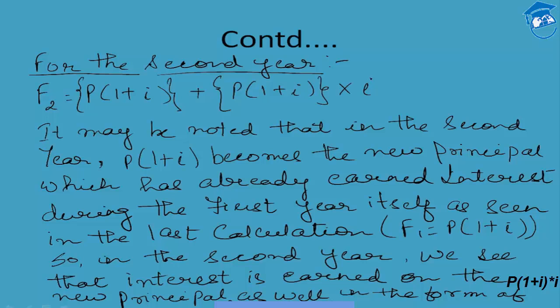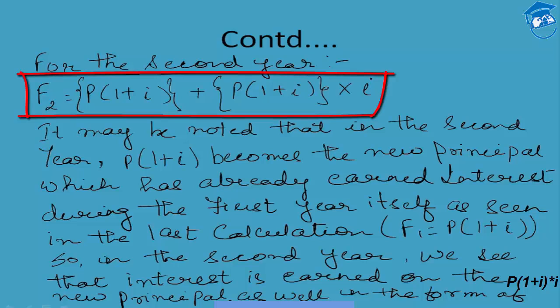Initially we started with 1 year, then we took the concept forward to 2 years. So by the end of the second year, the final cash receipt will be 110 plus 10% of 110. From the formula point of view, F2 will be P within bracket 1 plus I plus P within bracket 1 plus I multiplied by I%.